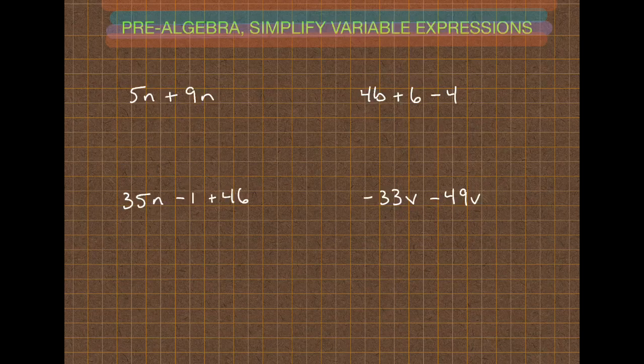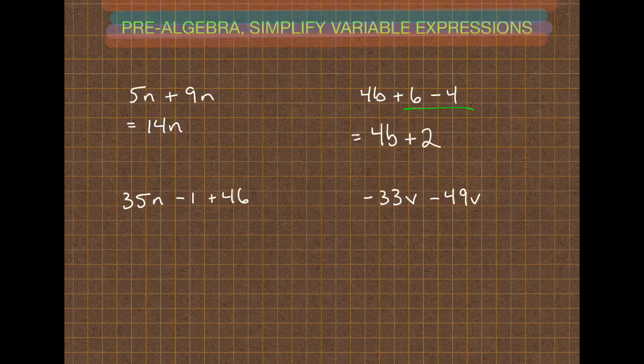Okay, 5n plus 9n. That's going to give us 14n. 4b plus 6 minus 4. So kind of group these apart. I'm going to say that's going to equal 4b plus 2.